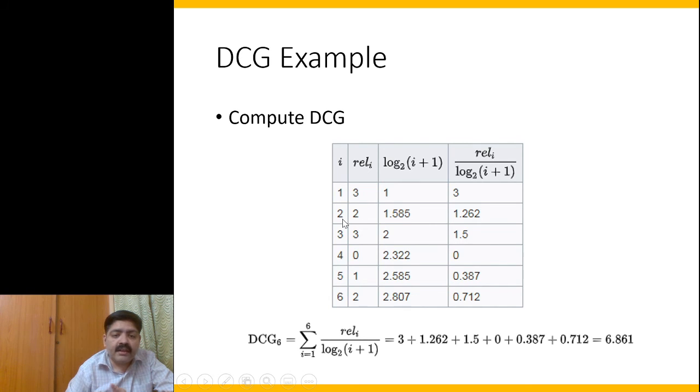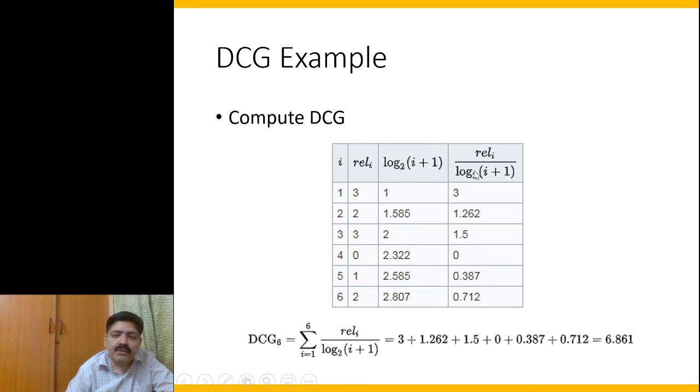And at rank 2, I have a slightly less relevant document whose relevance grade is 2. And at third position, I have again a document whose relevance level is 3, which means it's a very good relevant document. At rank 4, I have an absolutely irrelevant document, and at rank 5, I have a document whose relevance level is 1, and so on. So I have 6 such documents.